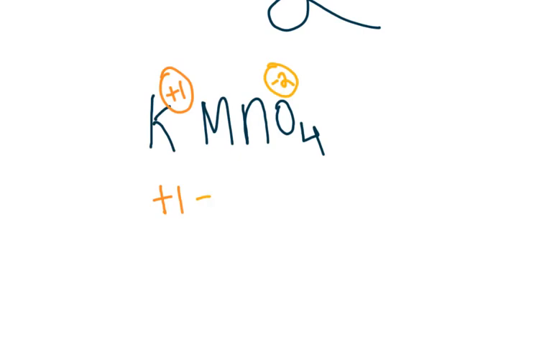+1 -2, but this -2 is technically times 4, and then you have to add some oxidation number to equal 0. So we're going to add some x number of oxidation, and we're going to equal 0 because we don't see any net charges, so we have a neutral atom.